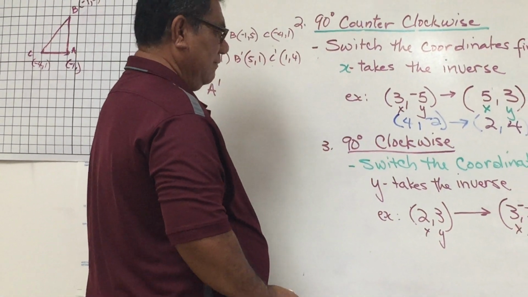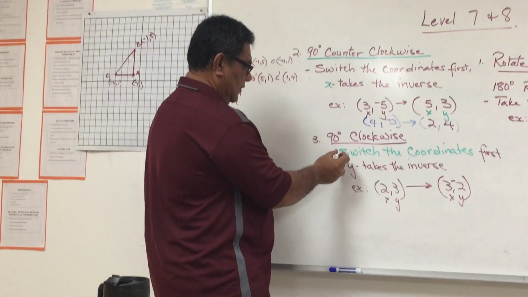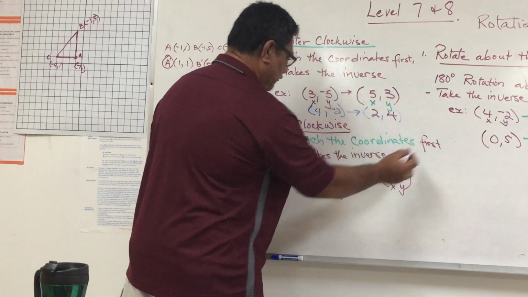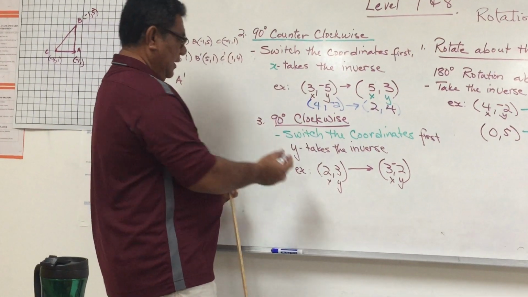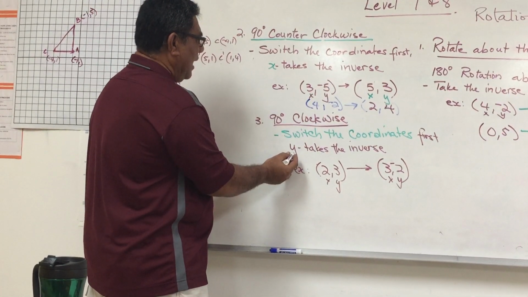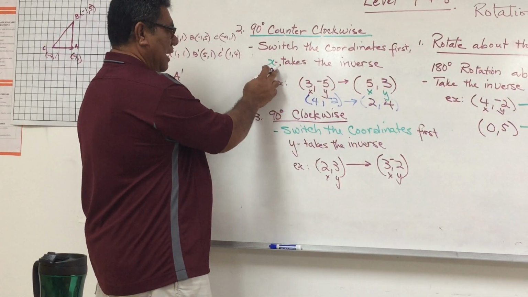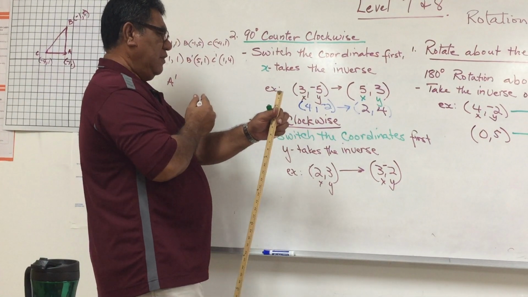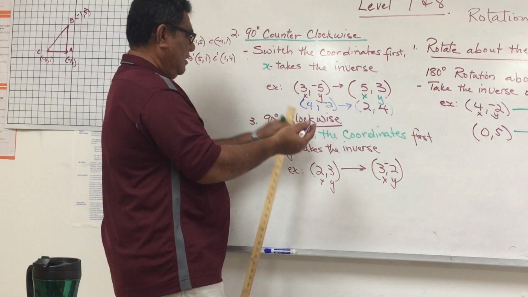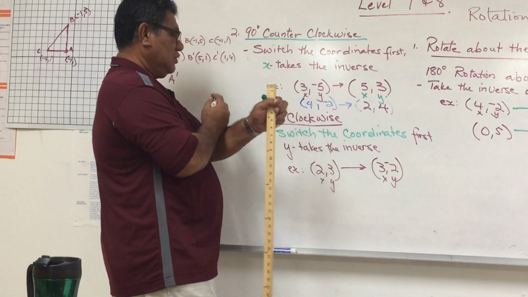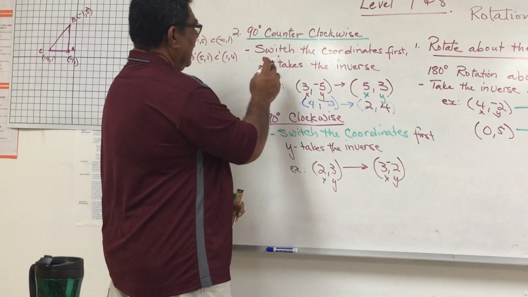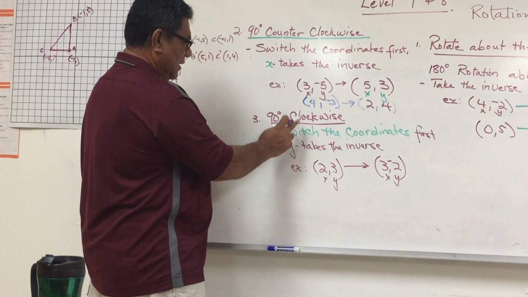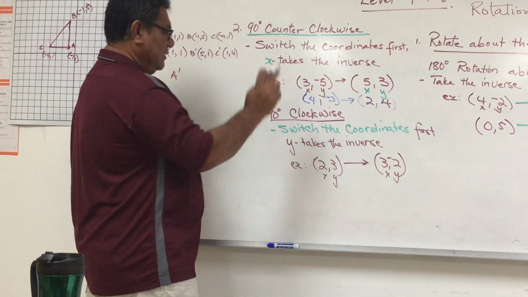What do you need to do first? You need to switch the coordinates first, swap. And then y takes the opposite. For both counterclockwise and clockwise, you switch the coordinates. Counterclockwise, x takes the opposite. Clockwise, y takes the opposite.